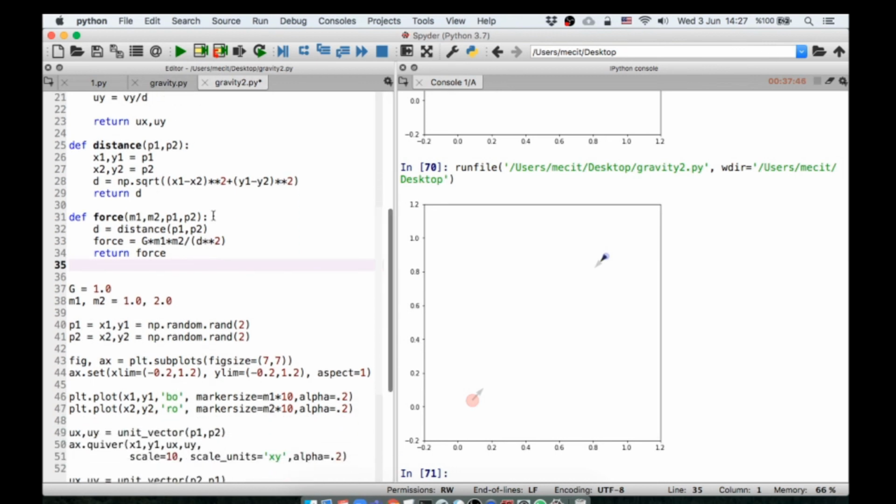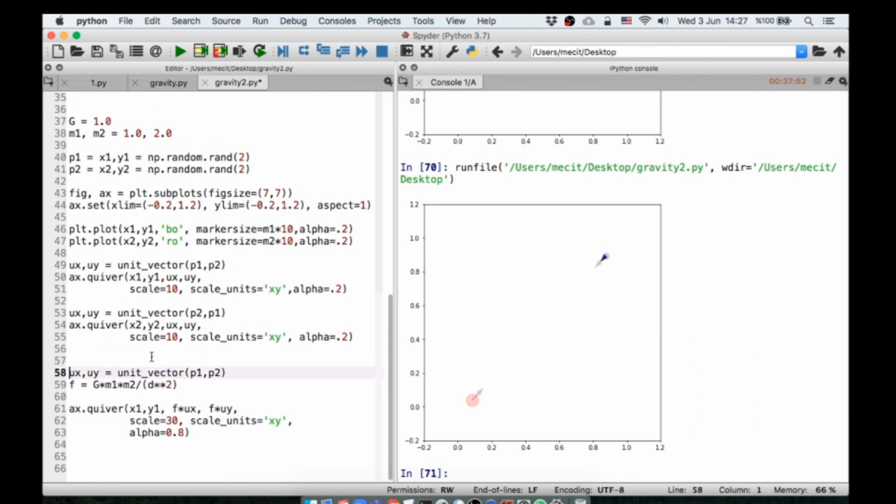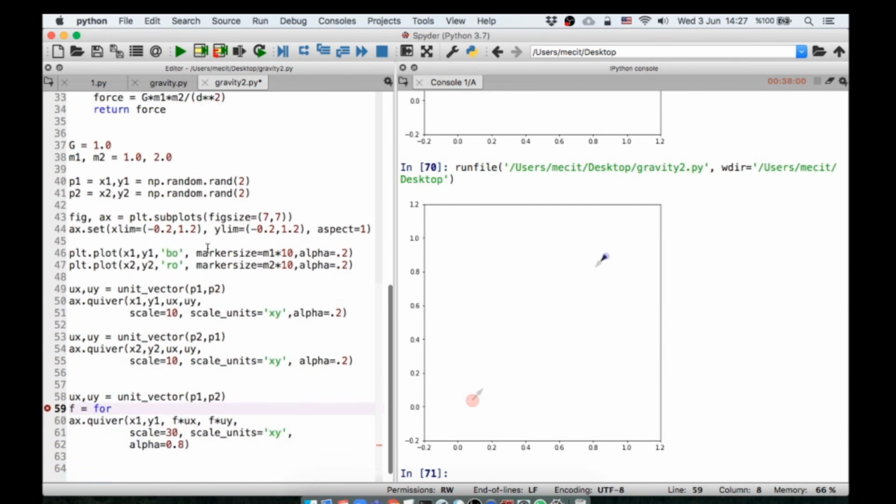Okay, so this gives the force between two masses. Therefore I don't need the distance anymore, and I can say F is the force between M1, M2, P1, P2.